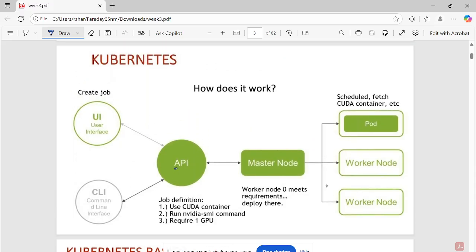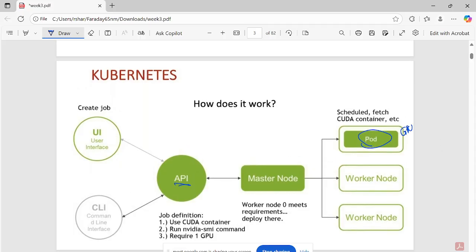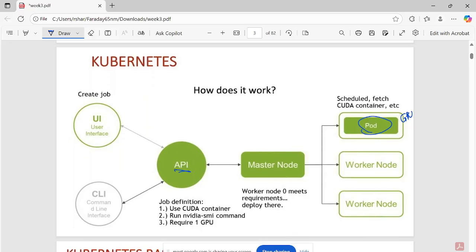So the API, which actually helps us to create a job, is to be controlled by the master node, and the job has to run on one of these worker nodes as a pod. Now, this worker node can have a GPU, or it may not have a GPU.